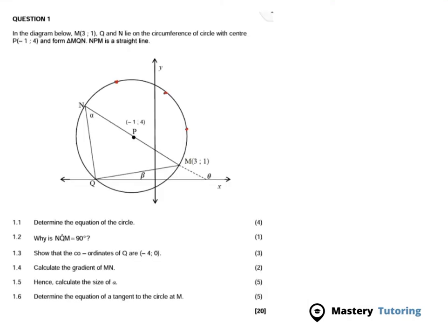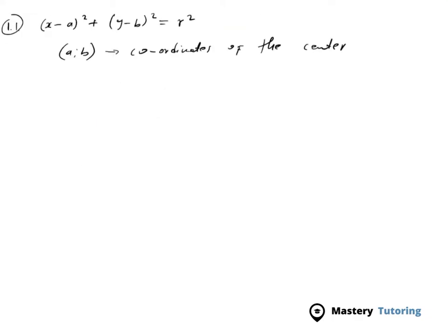Going back to the diagram, we can see that we are given that the center is P. So circle with center P. This simply means that a and b will be the coordinates of P, which is minus 1 and 4. Then we substitute these values.